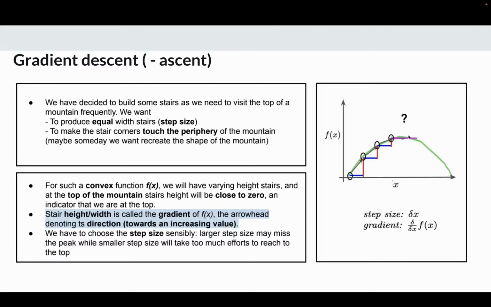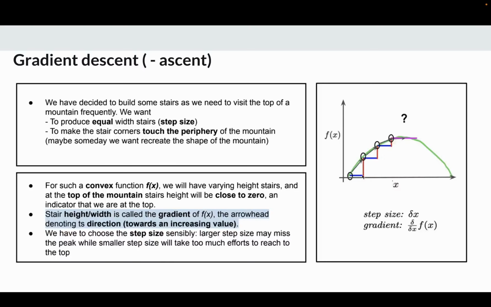That means you are on the flat surface. Two things to remember: things depend on your step size, which we will call the learning rate. Think of it this way: if you take a step size bigger than the mountain width, what will happen? You will miss the mountain, right?